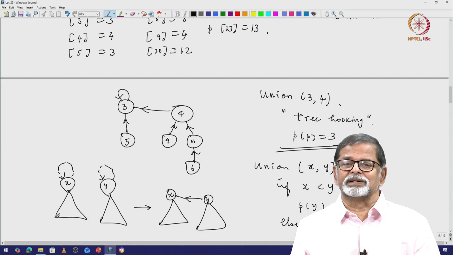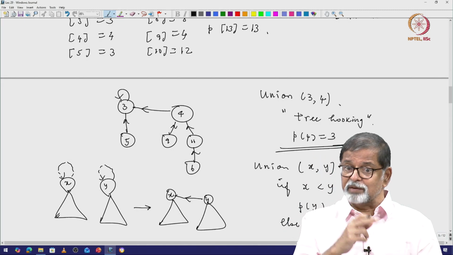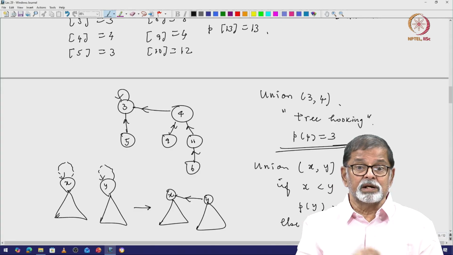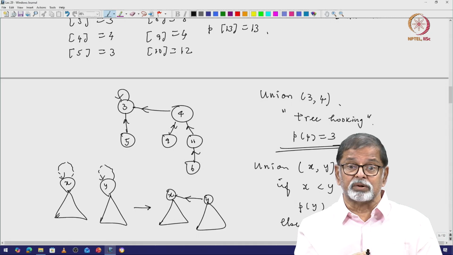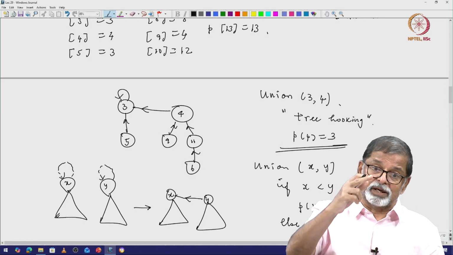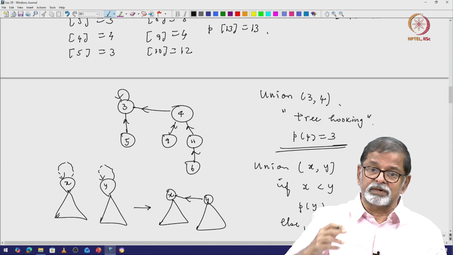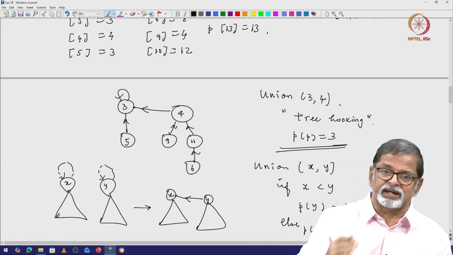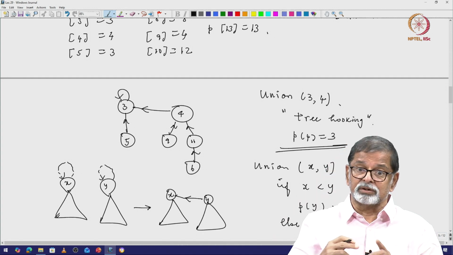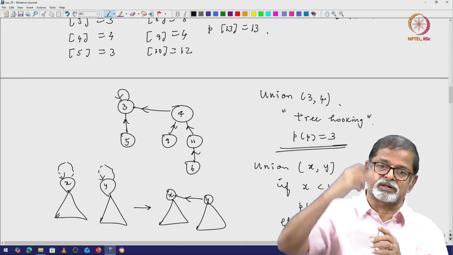The find operation should return the name of the set, but the name is at the root. So you should start from that vertex and go to the parent of parent of parent of, this is called ancestor chasing. By doing the ancestor chasing, you will reach the root.